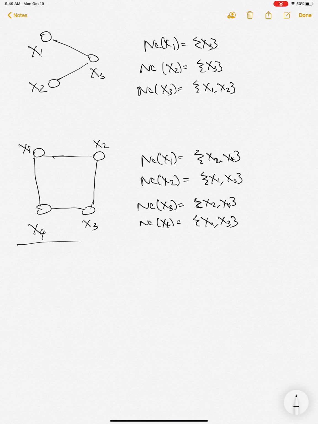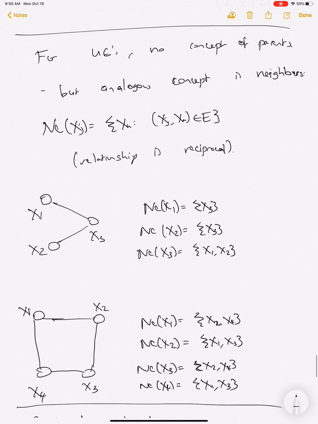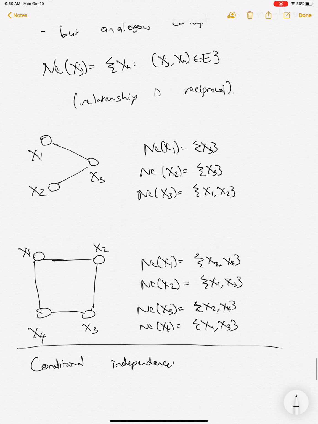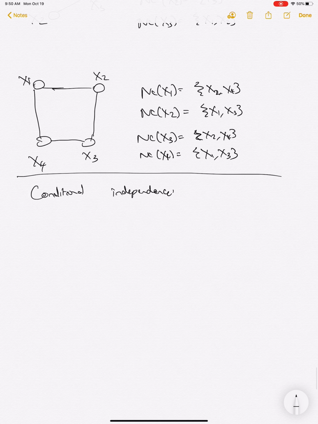So we have conditional independence. Recall what we saw for DAGs and parents. We're going to get essentially the same thing where we replace parents with neighbors.